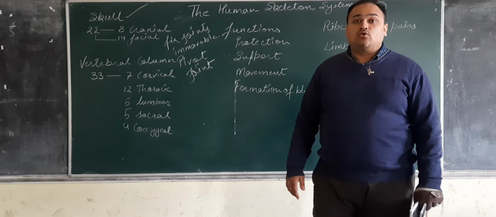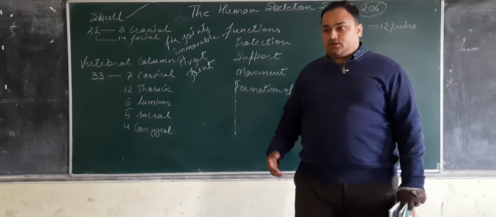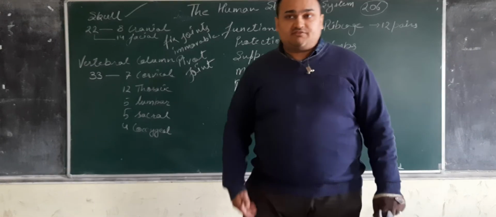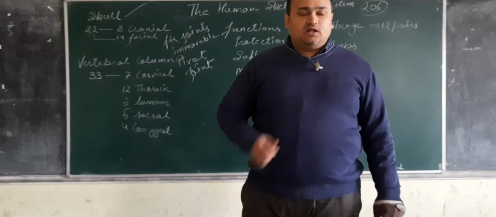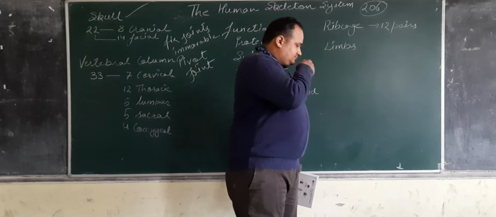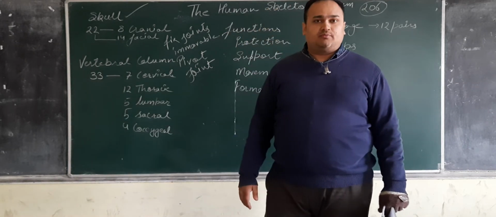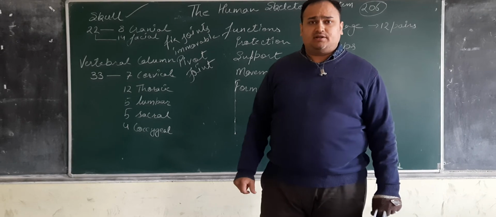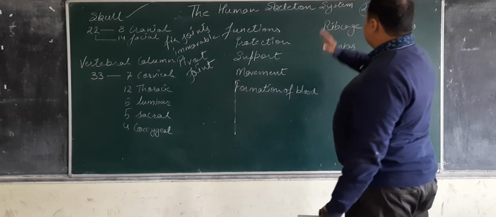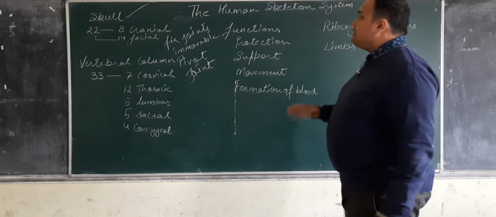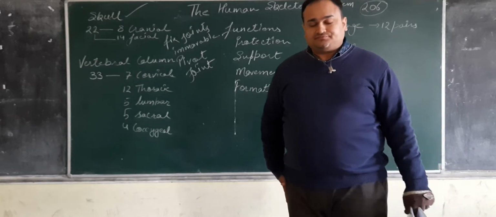The longest bone is the femur, the thigh bone. Our thigh bone is the longest bone of our body. This is what you need to understand about the human skeletal system.